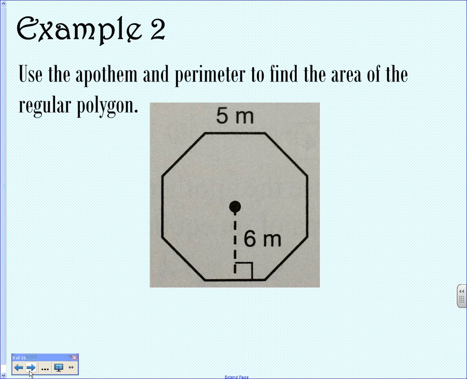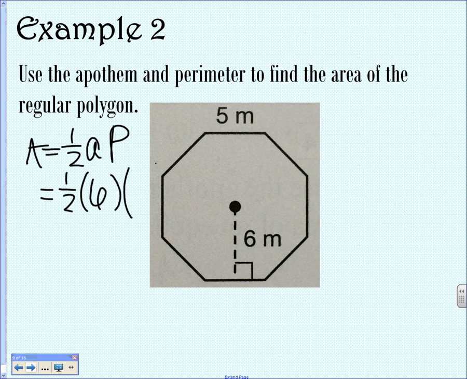All right, so we want to use the apothem and the perimeter to find the area of the regular polygon. So our formula is area equals 1/2 AP. What is our apothem?